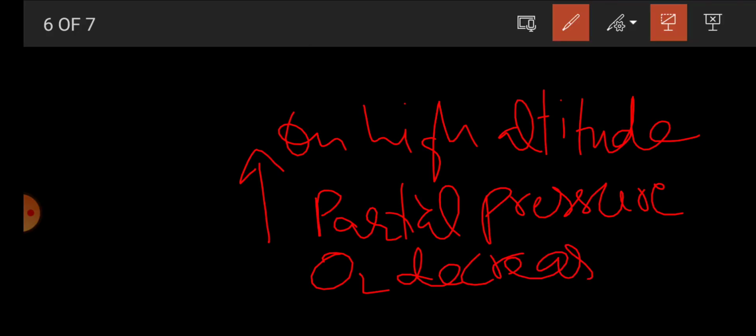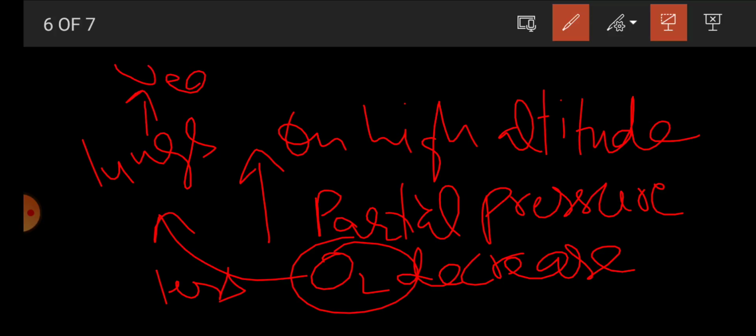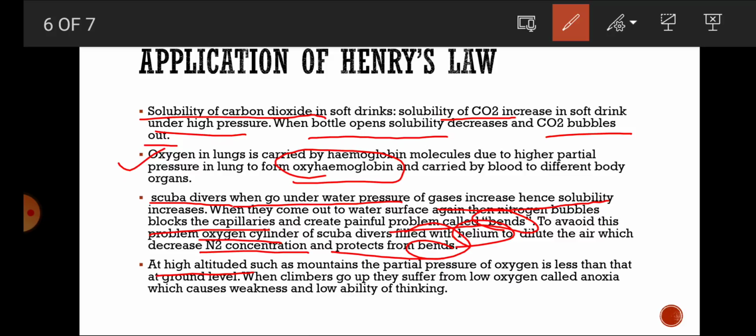So when they breathe, less oxygen goes into their lungs, which causes weakness and inability to think. Okay students, these are applications of Henry's law.